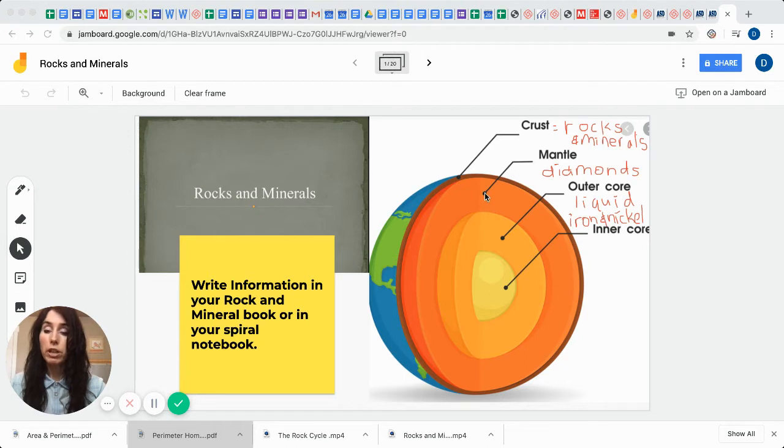And then we're going to go to our next layer, which is called the mantle. And if you were to drill, or if you were to just look for diamonds, you would find diamonds. In order to make diamonds, it's an organic material. We'll talk a little bit more about this, but it has to have a pure form of carbon in it.